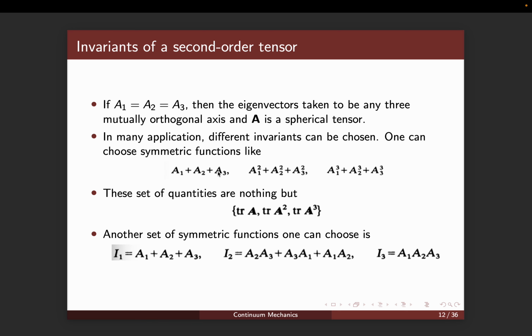All these symmetric functions can be written as trace of A, trace of A square and trace of A cube. Another set one can choose is I1, which is the sum of the eigenvalues, I2 in the form of the pairwise products, and I3 is the product of the eigenvalues. This is nothing but the determinant of A.